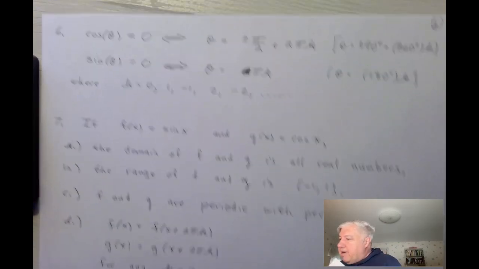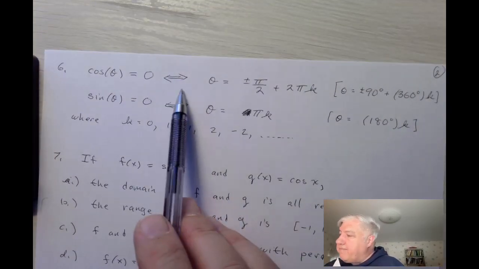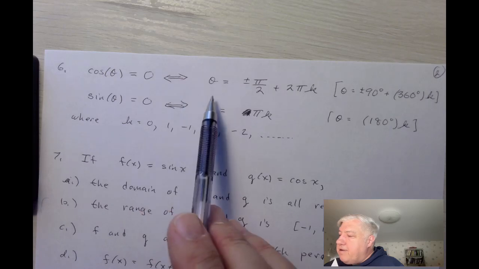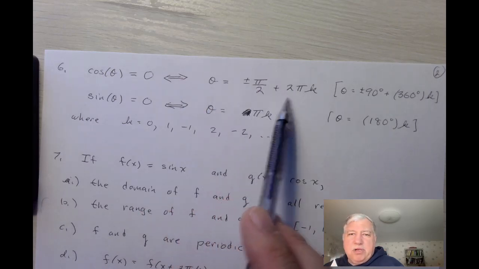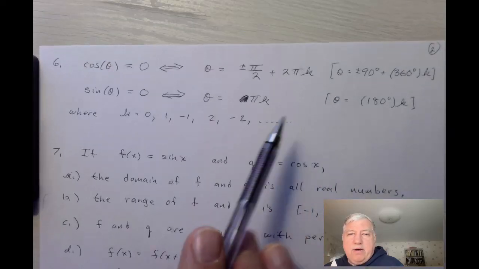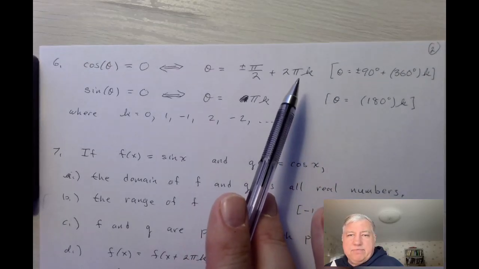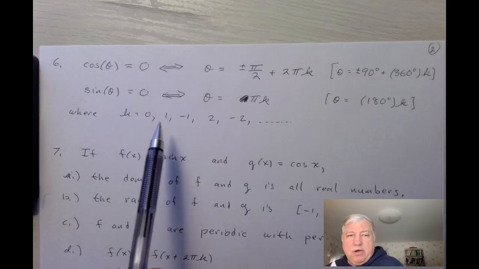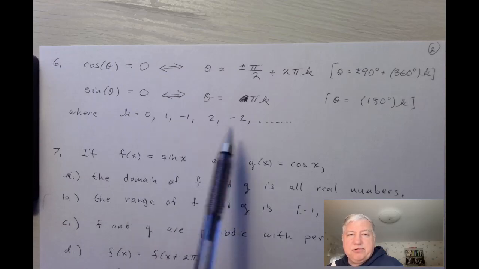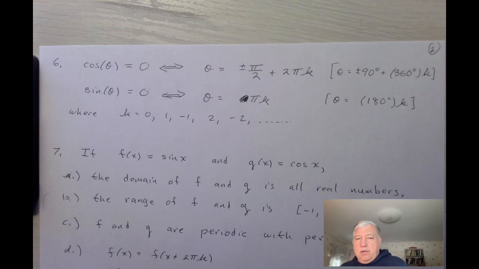So that's why you can say that the cosine of theta is 0 when theta is either pi over 2 or minus pi over 2 plus some multiple of 2 pi, where k is just an integer, meaning k is 0, 1, negative 1, 2, negative 2, and so on.